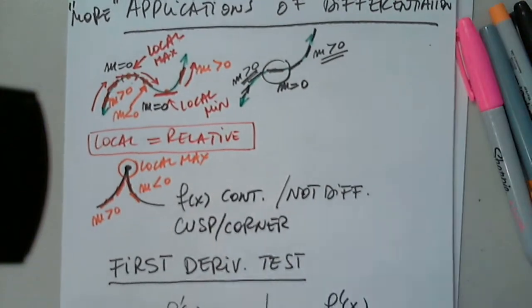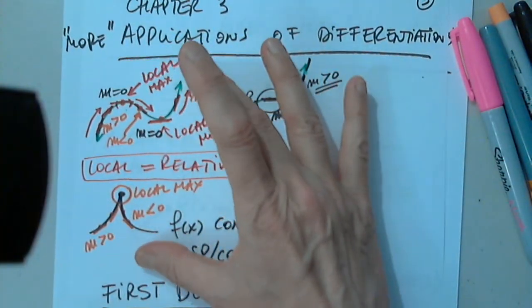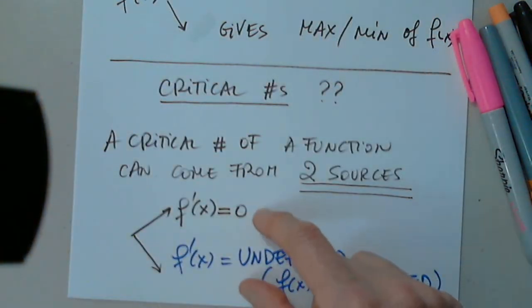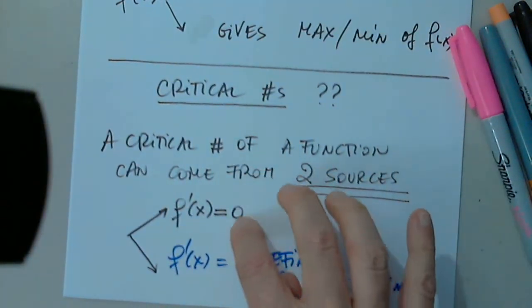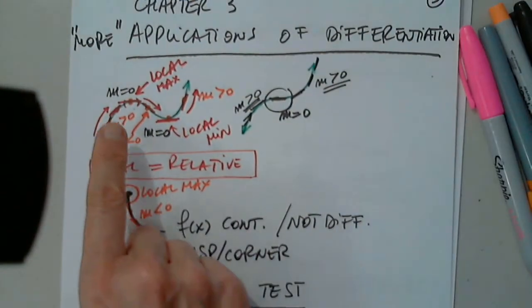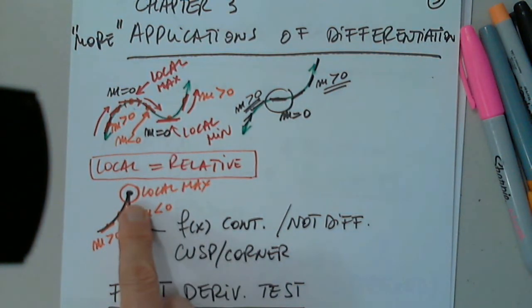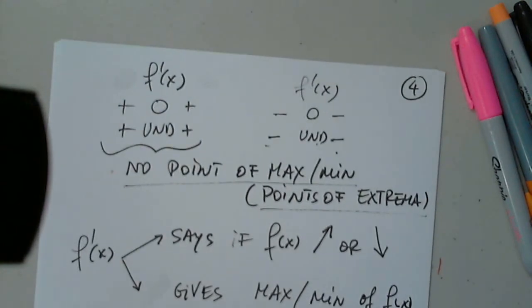So potentially that could be a local max or local min. That's why I showed you these graphs, for you to understand that we get solutions when f prime equals 0, or f prime is undefined somewhere where the function is defined, and both of them can happen. If that's the case, then the function may have max min.